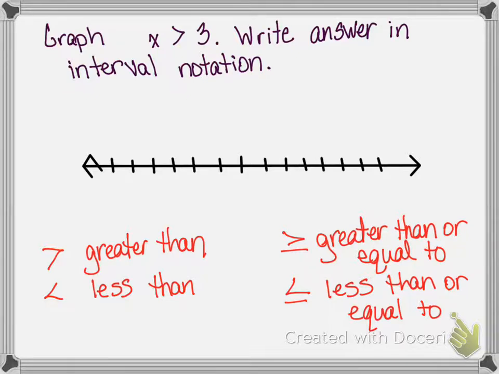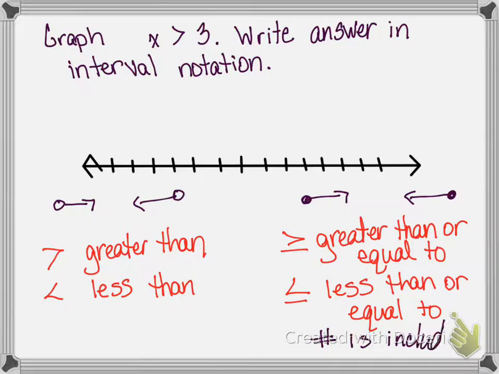Yes. So, I want you to think back to high school. Do you remember the open dot and the closed dot? Okay, the closed dot we used for greater than or equal to and less than or equal to. That meant the number was included.